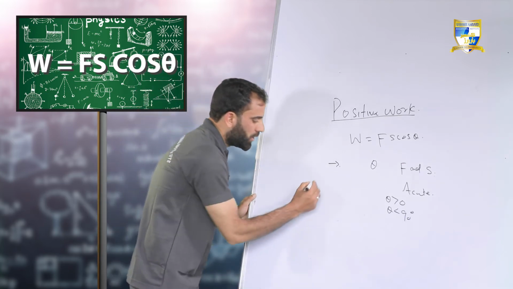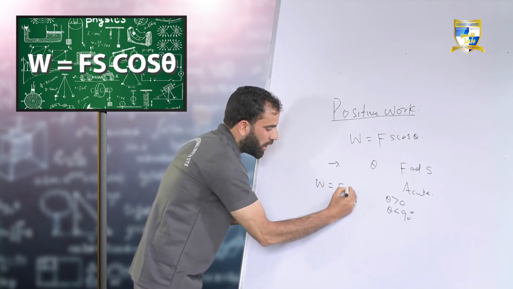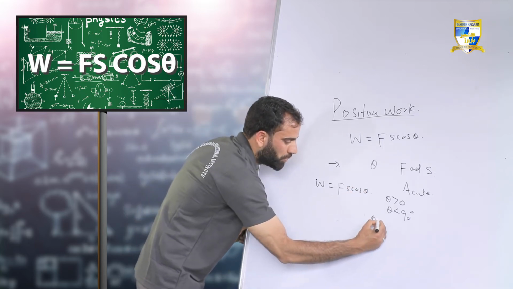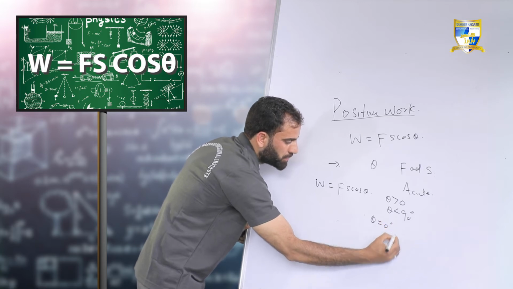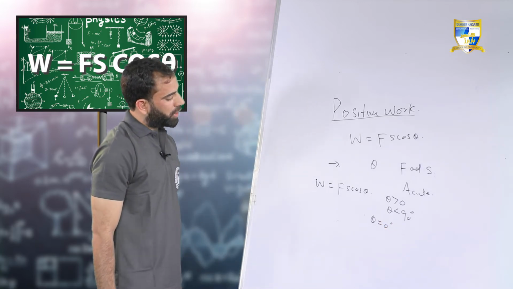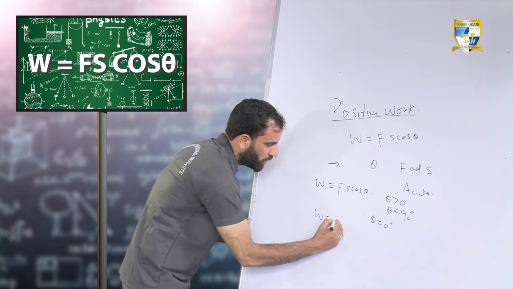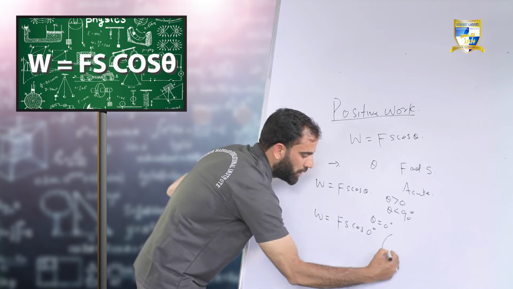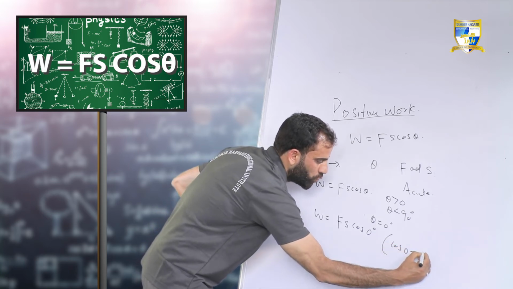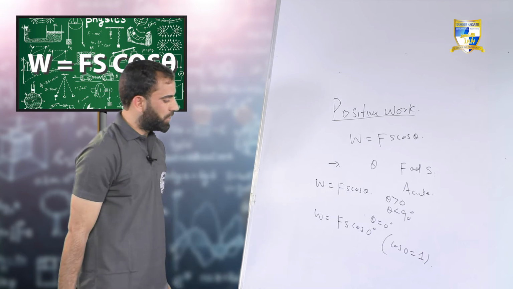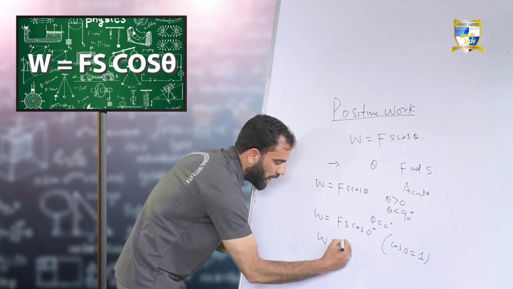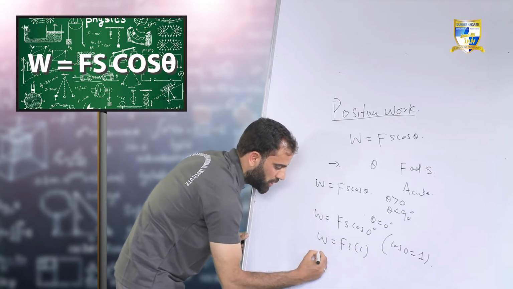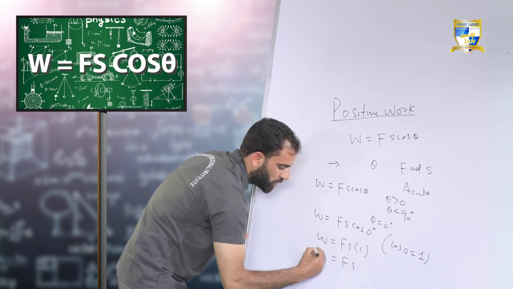How? See here. W equals to Fs cos of theta. Let us take theta as 0 degrees. So what will be our work done? W equals to Fs cos of 0 degrees. We know that cos of 0 equals 1. So my work will become W equals Fs.